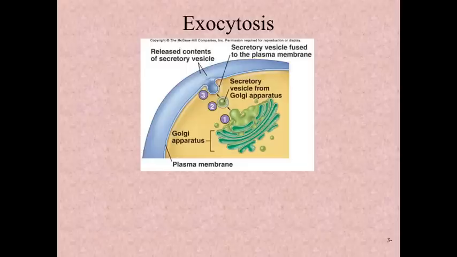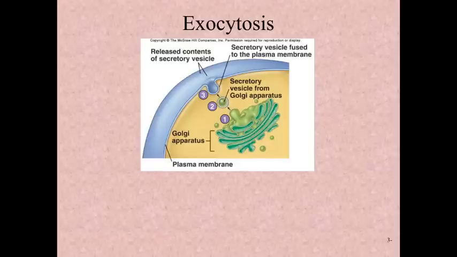Here you can see an actual example of what the cell might do with that. Let's suppose that one of the jobs of this cell is to produce some kind of hormone that it secretes into the environment around the cell. The hormone would be produced by an organelle within the cell known as the Golgi apparatus.